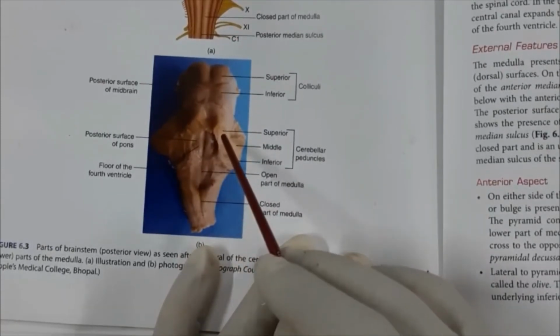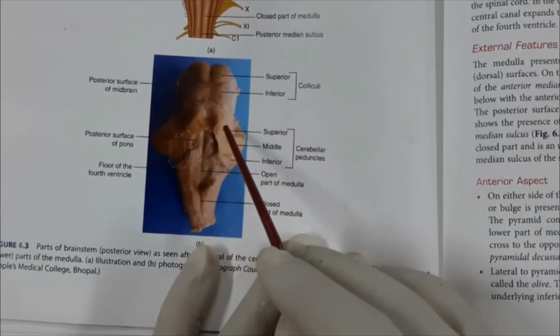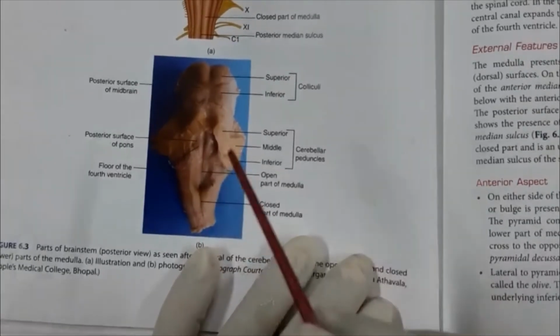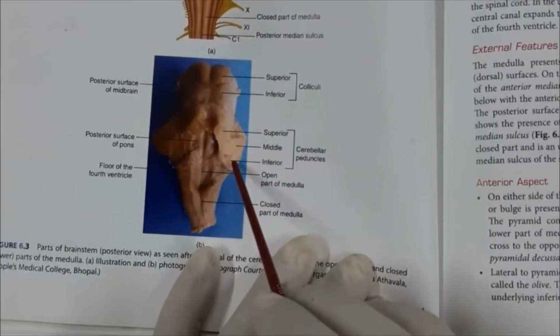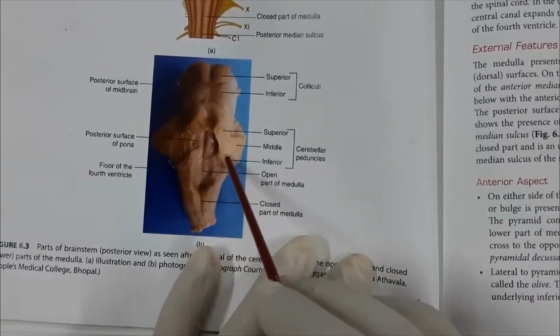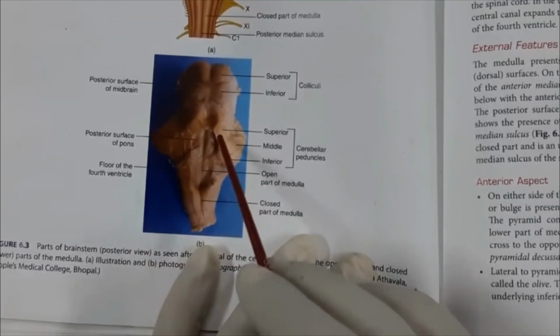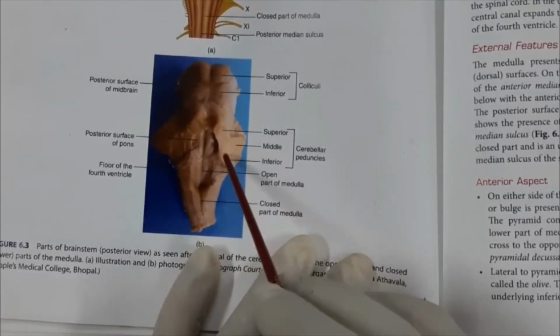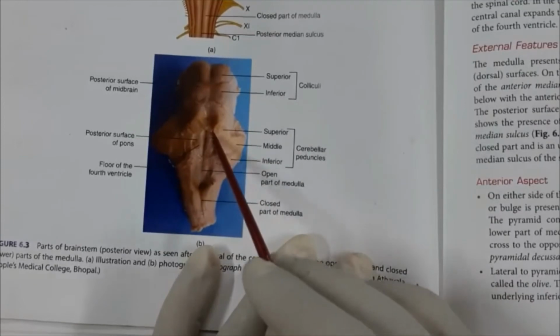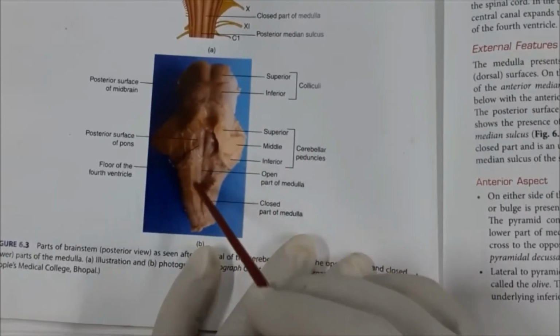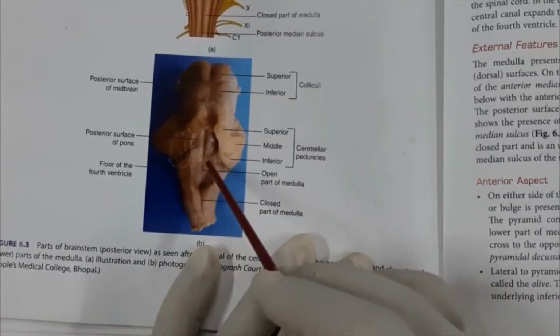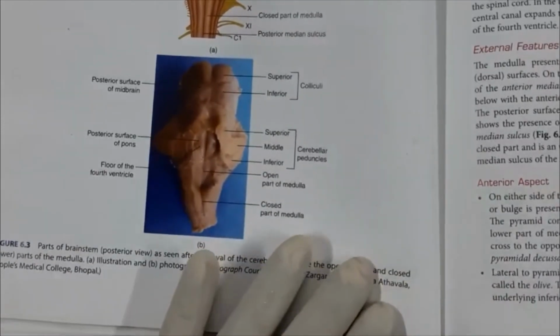This is the 4th ventricle, and this is the superior cerebellar peduncle. And then this large one is the middle cerebellar peduncle, and coming from below is the inferior cerebellar peduncle. So the 3 cerebellar peduncles which were giving attachment to the cerebellum are cut here, and this fossa is here, the floor of the 4th ventricle is here.